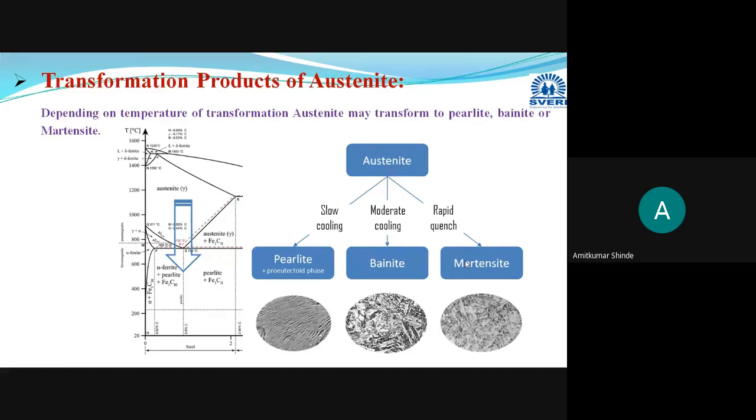Just draw the chart of transformation products of austenite. Show the different cooling rates and three different products. The microstructures may not be visible or clear here; I will show you clear pictures in the next lectures.